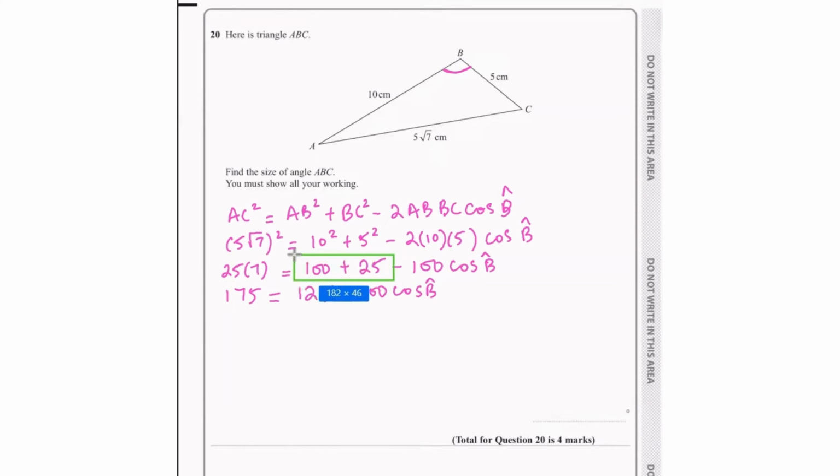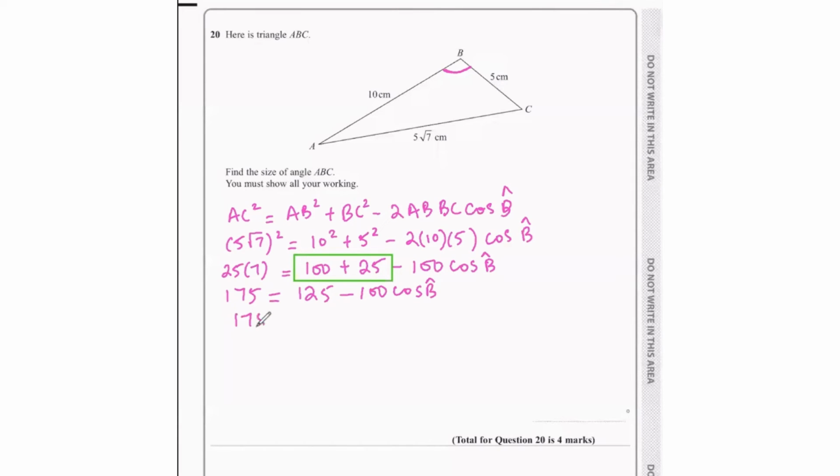Remember to solve this part separately. Do not directly subtract 100 from this. Why? Because 100 is being multiplied to cos of B. If you directly subtract 100 from 125 and then try to solve it, your answer would be completely incorrect. So you can't just subtract it directly from this. You will bring 125 to the other side like I do.